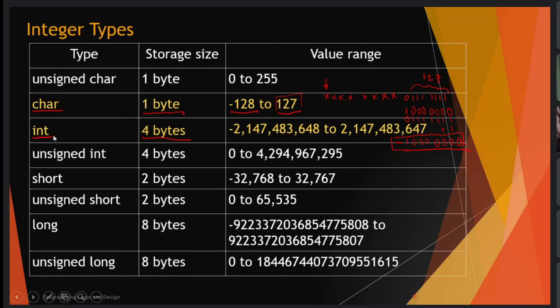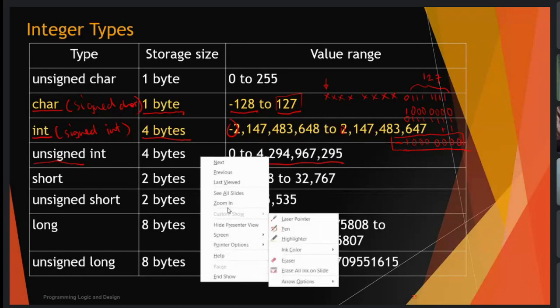But the compiler actually understands that nga kung wala kay gibutang nga modifier dire, that is just equivalent to signed char. And this is just equivalent to signed int. Mo nang naa kay negative o positive range. When you use unsigned modifier, ang value representation nimo is puro positive.